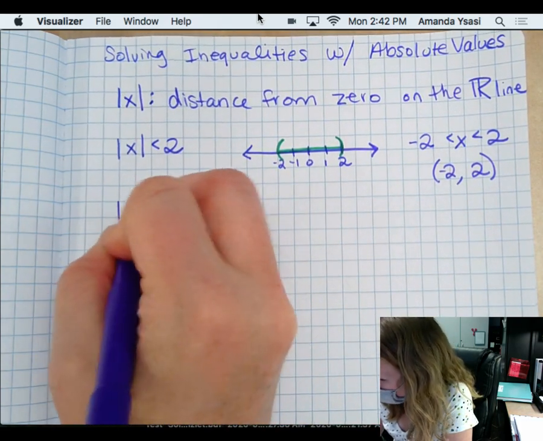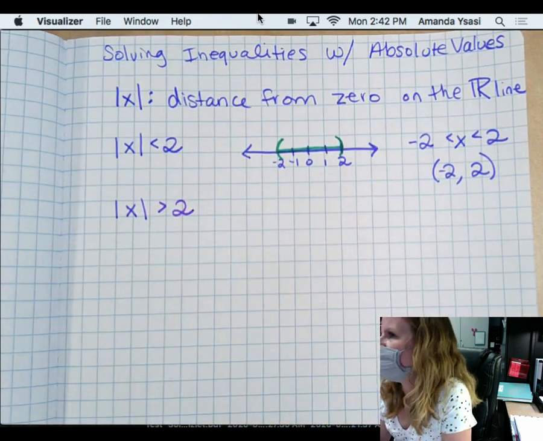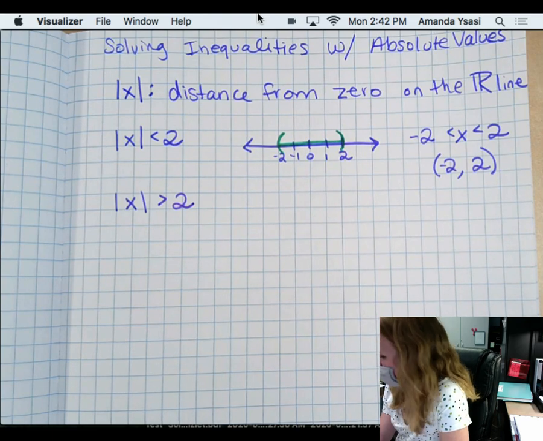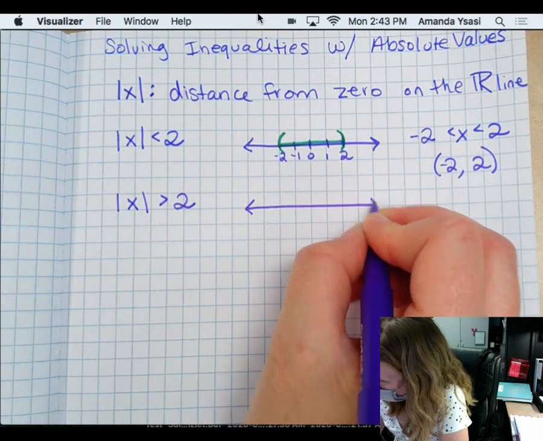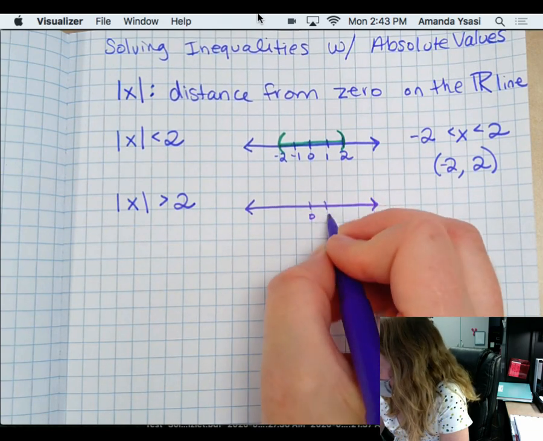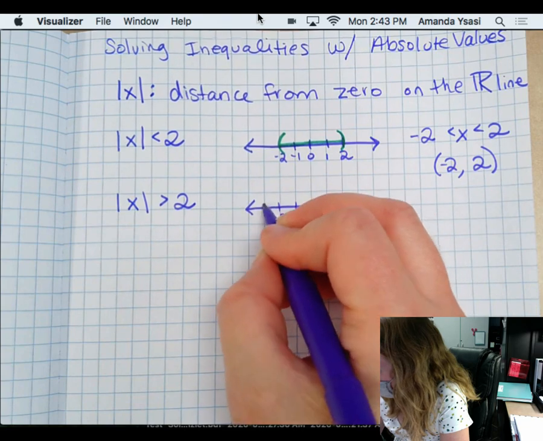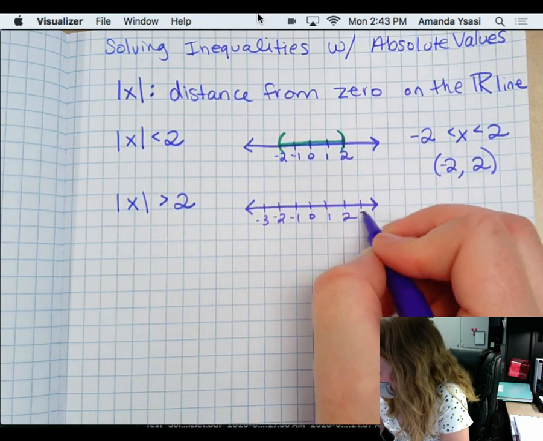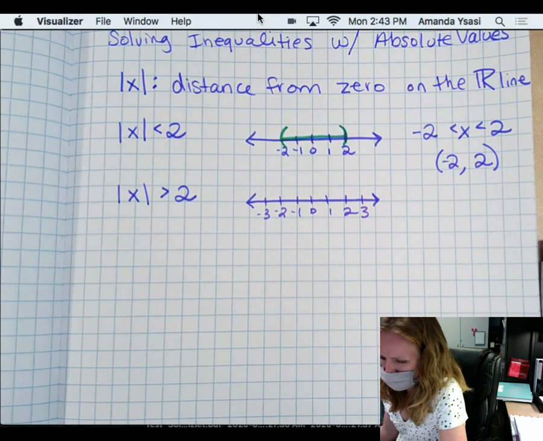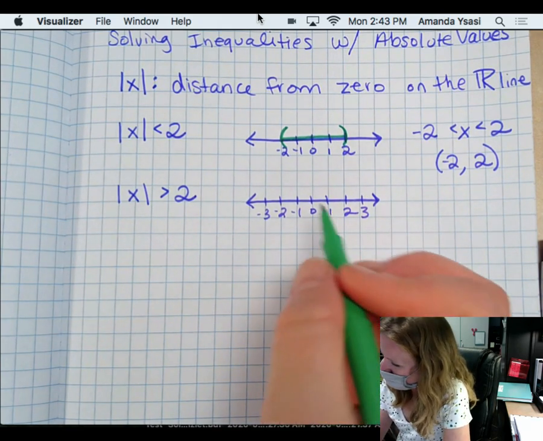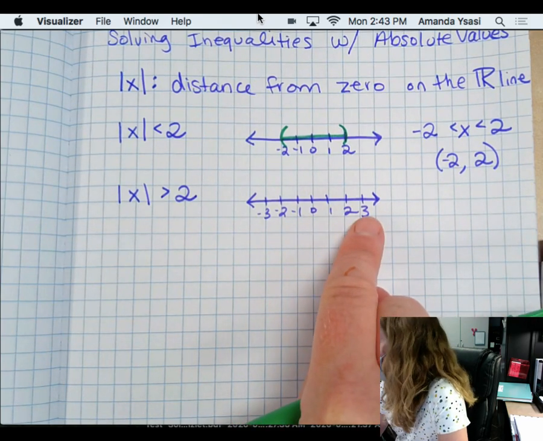But then what if we say the absolute value of x is greater than 2? So in order to be greater than 2, it would have to be a number that is above 2.